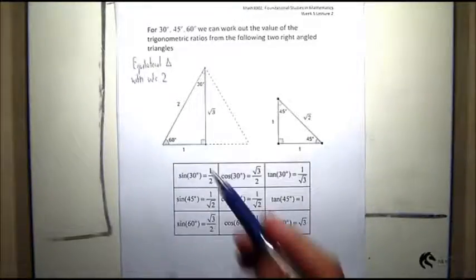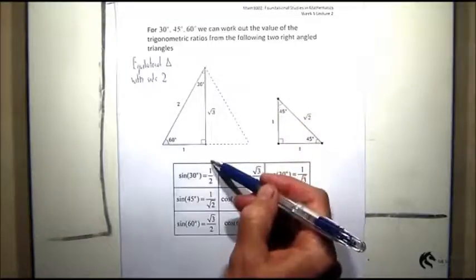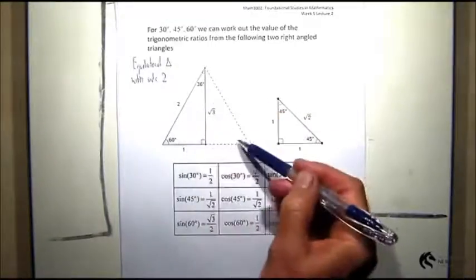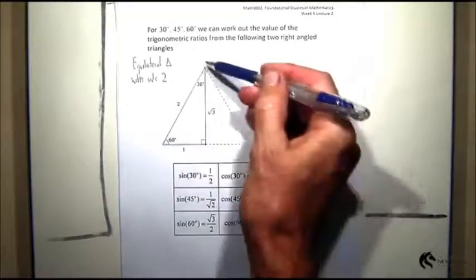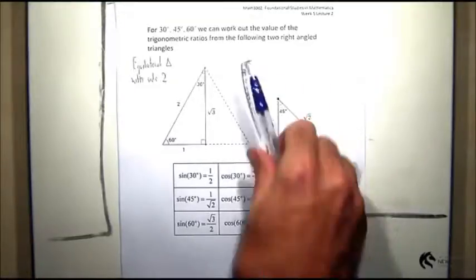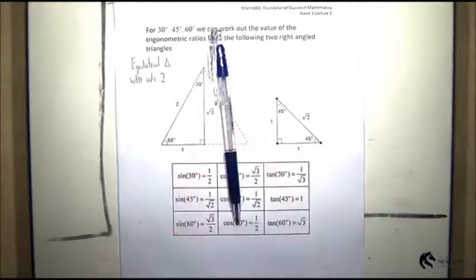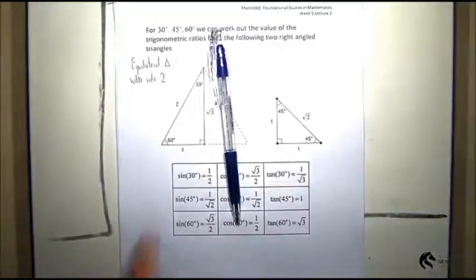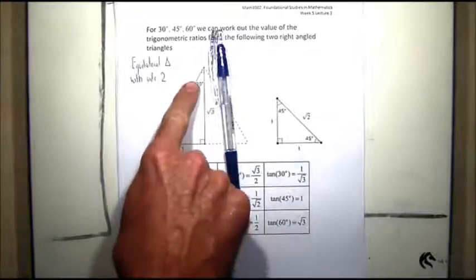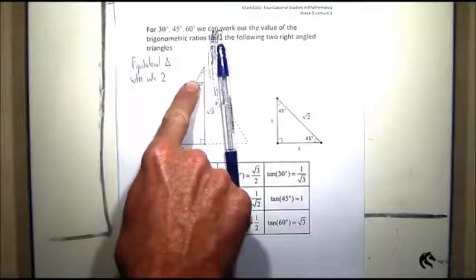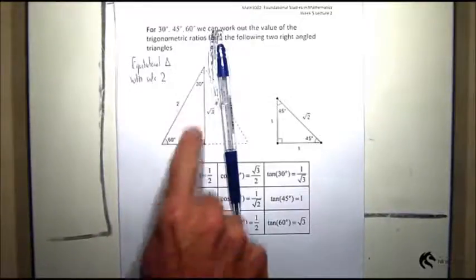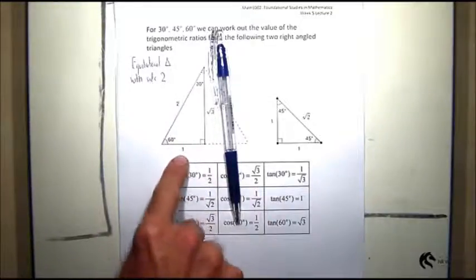So 2, 2 and 2, and the angles are all 60, 60 and 60. Now what I do is I cut that in half. I produce therefore a nice right angle triangle, and the angles 60 and 90, so that one must be 30. This side here is split in half, so that side is of length 1, and that side is of length 2.